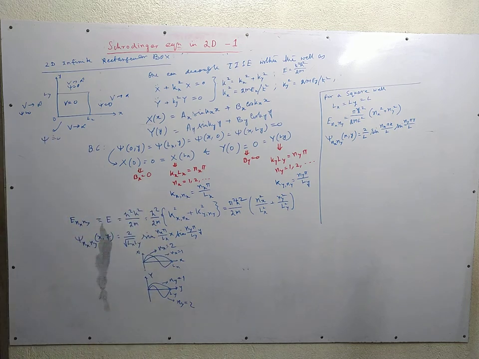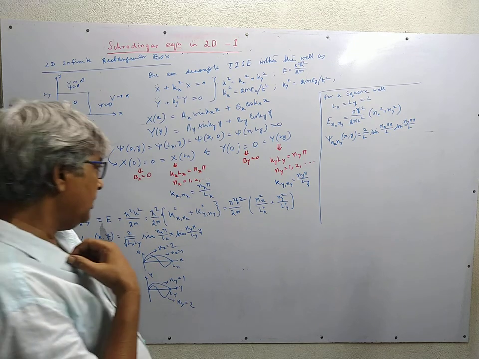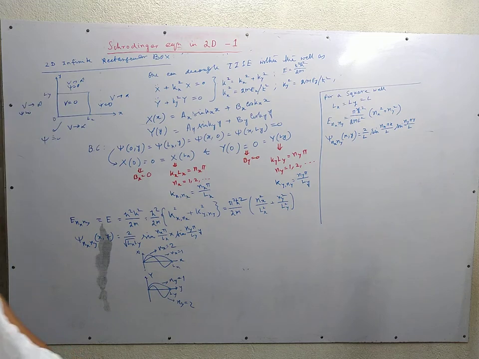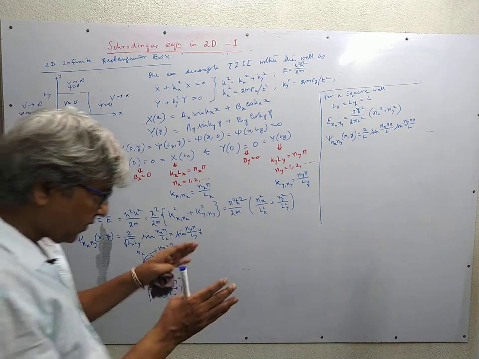What will the combined wave function look like? I urge the listener to draw three-dimensional plots using either GNUplot or matplotlib to see the waveform of the wave function.